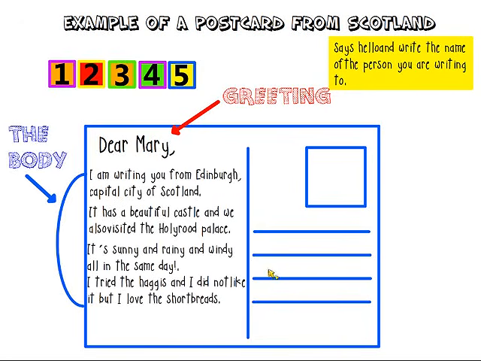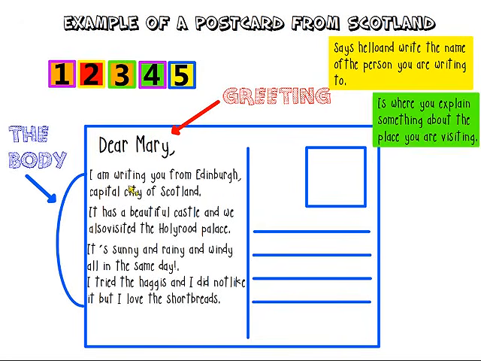Number 2. The body of the postcard is where you explain something about the place you were visiting. For example, I am writing to you from Edinburgh, capital city of Scotland. We are giving some information about Scotland, for example, that the capital city is Edinburgh.